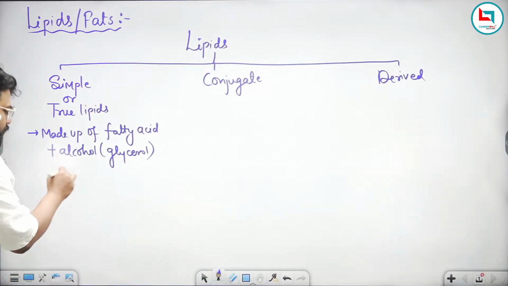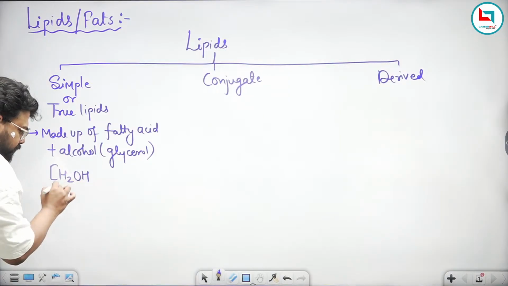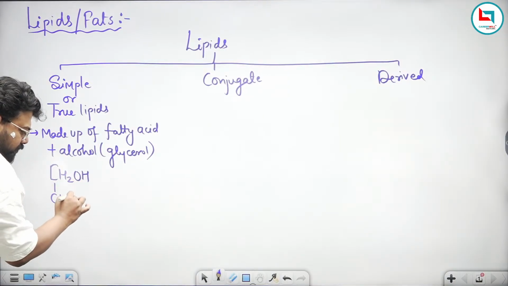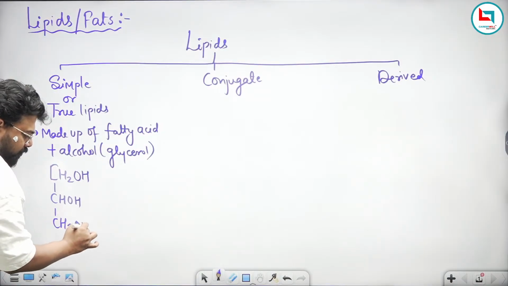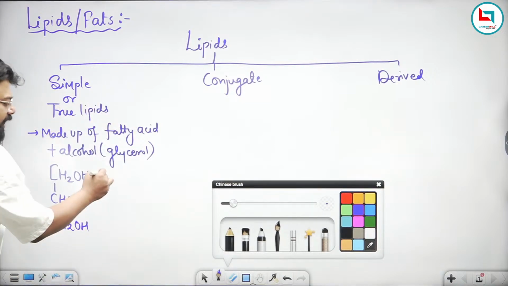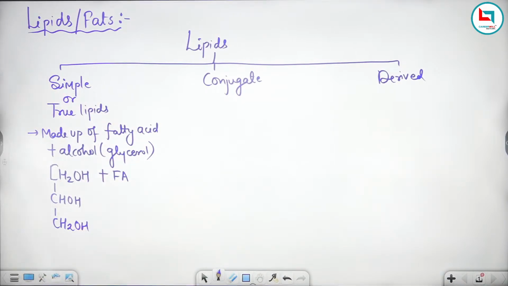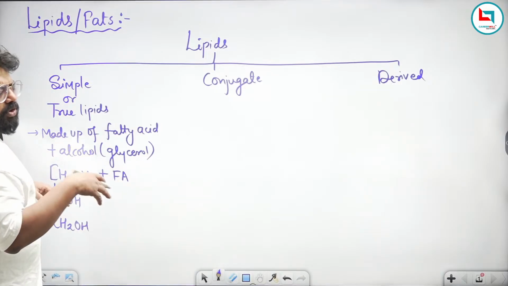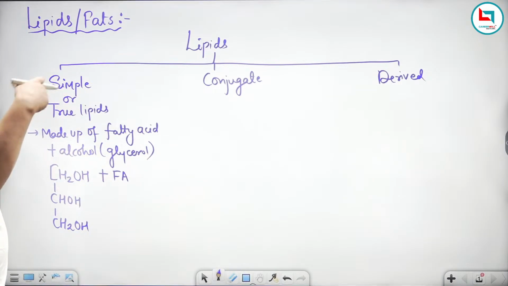Let us suppose this is the structure of glycerol. A fatty acid can be of different types like palmitic acid, stearic acid, butyric acid. There are n number of fatty acids.